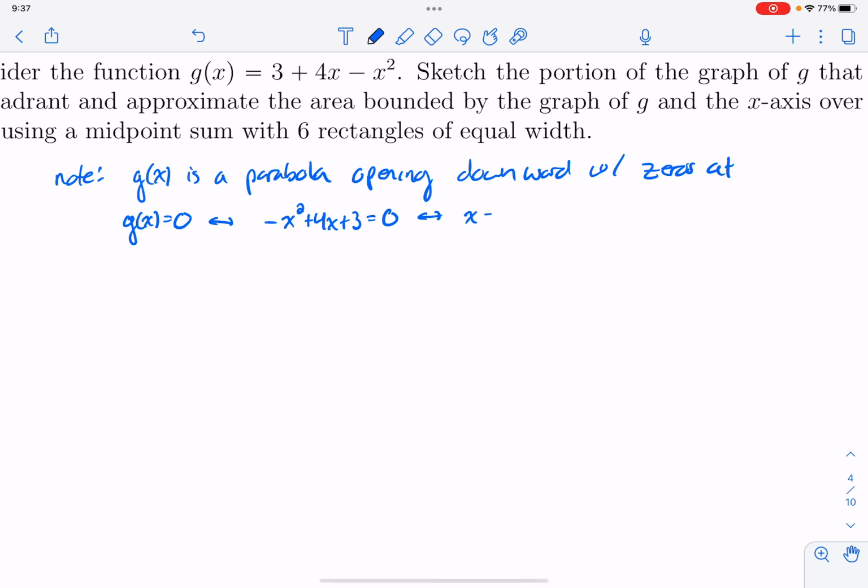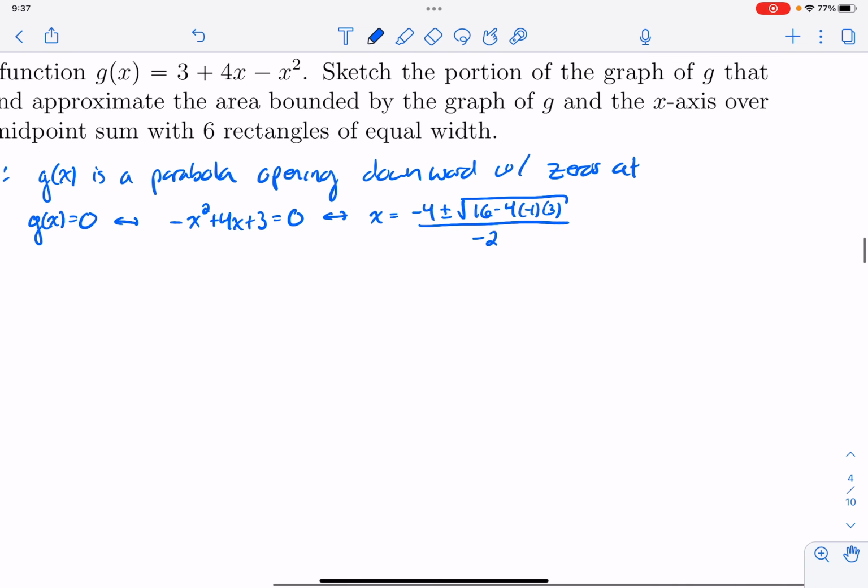This means x is going to be negative b plus or minus the square root of b squared minus 4ac, all over 2a. What's this going to be? This is 16 plus 12, that's going to be 28.